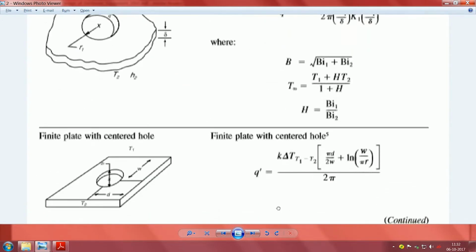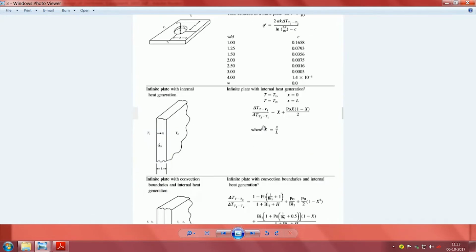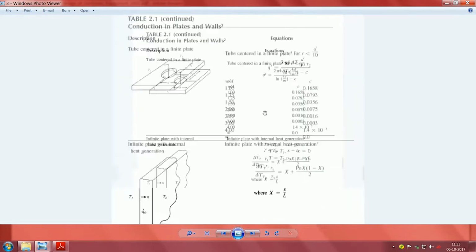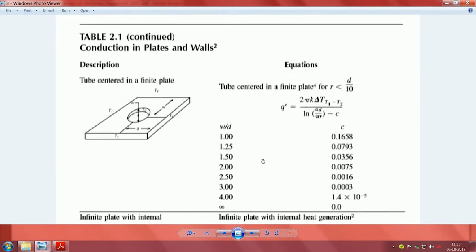As you keep going down, you notice that the moment you make it a finite plate and dimensions are known, various parameters change. These are useful especially for people who are making or writing code themselves or individual cases.